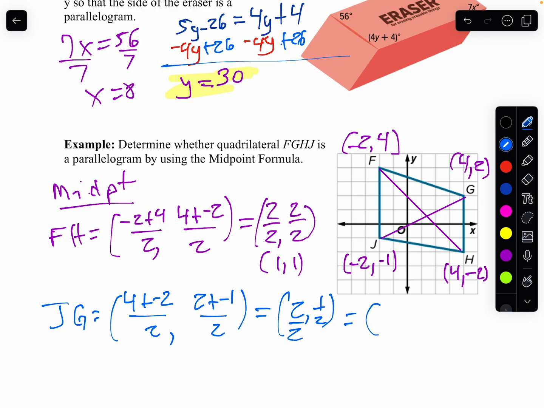So I get 1 and 1/2. Notice they're not the same, are they? So this is not a parallelogram, because if it was a parallelogram, my midpoints would have to be the same.